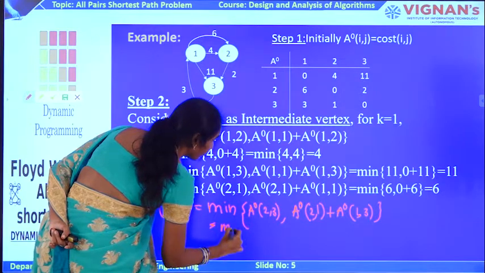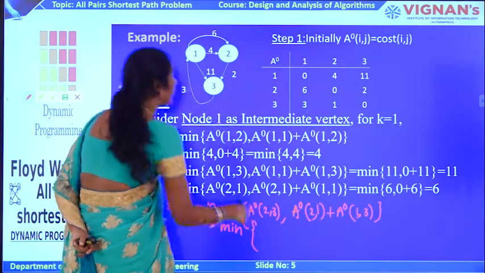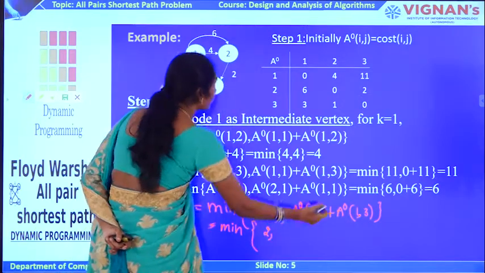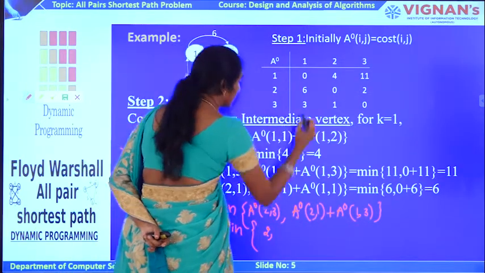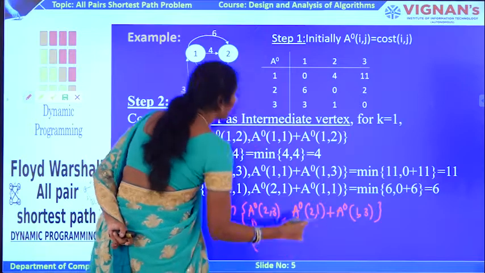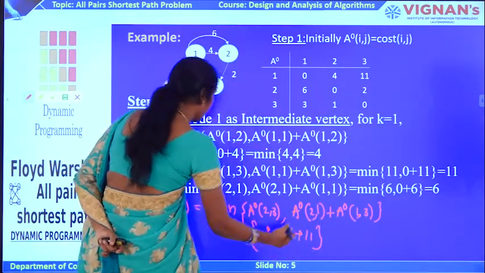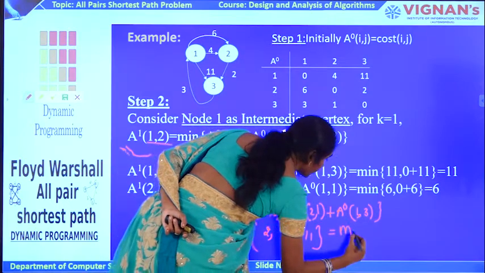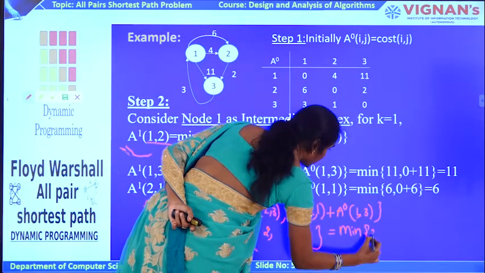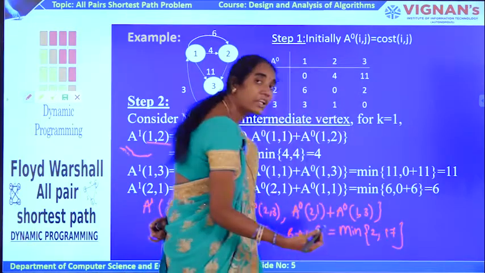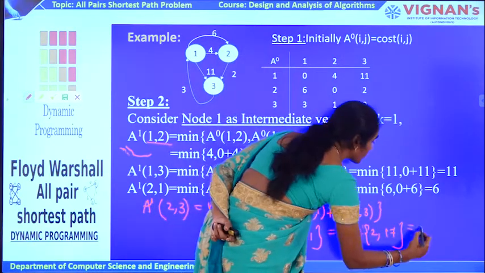A0 of 2 comma 3 is 2, and A0 of 2 comma 1 is 6 plus A0 of 1 comma 3, which is 11, equal to 17. So minimum of 2 comma 17 is 2.